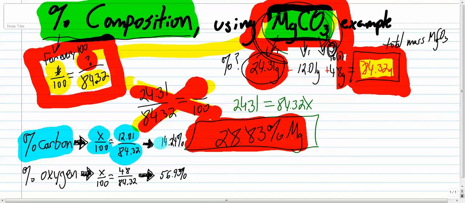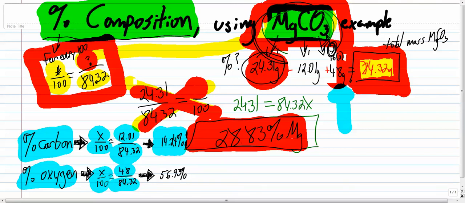When I cross-multiplied, I wound up with 14 and just about 1/4%. And then for the oxygen, I did the same thing. It was x over 100 equals 48 over 84.32. After I cross-multiplied and divided, I got 56.93%.